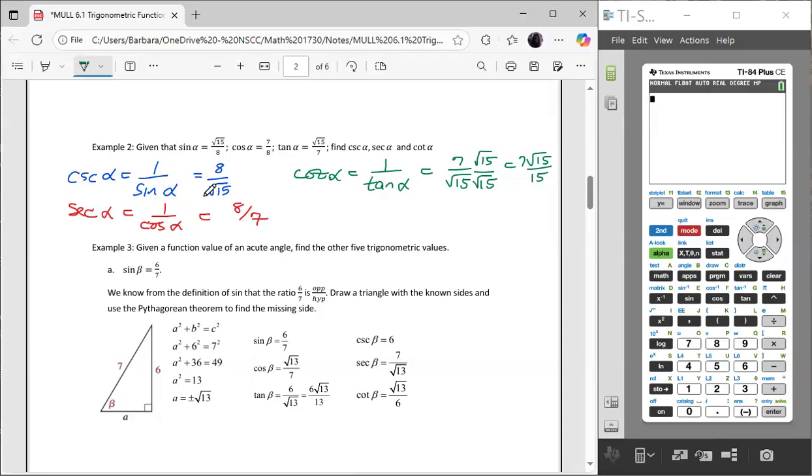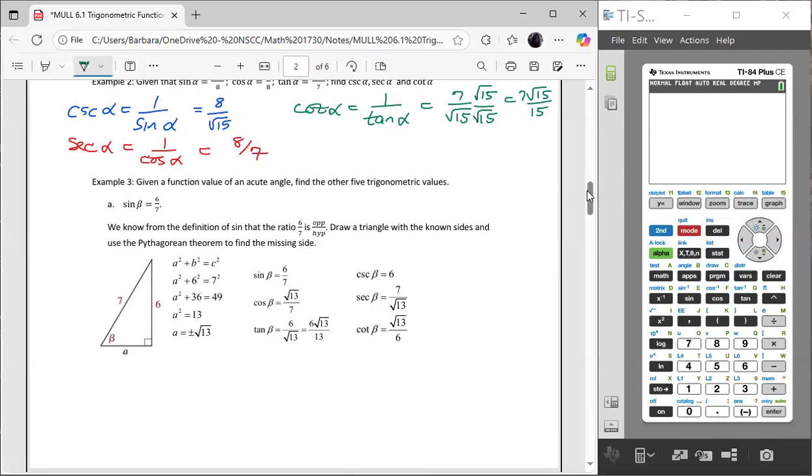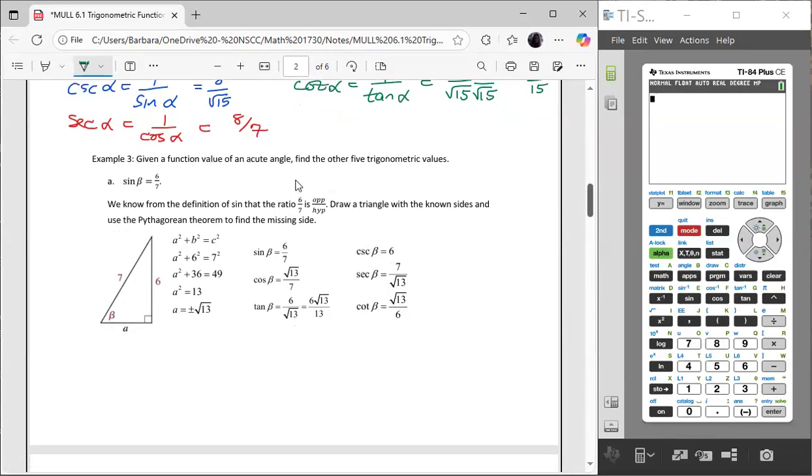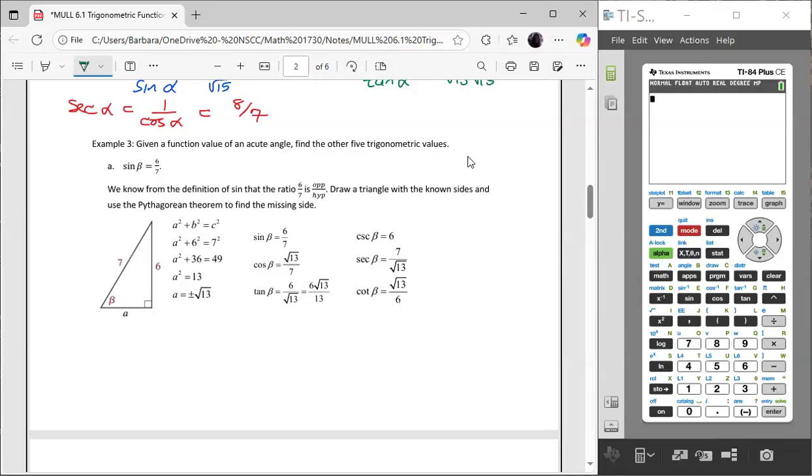In example 3, given a function value of an acute angle, we're going to find the other 5 trigonometric values. So I did an example here where sine of beta equals 6 over 7. So we sketch beta in a right triangle, and since sine is opposite over hypotenuse, we know that the side opposite B is 6, and the hypotenuse, which is the side across from the right angle, is 7.